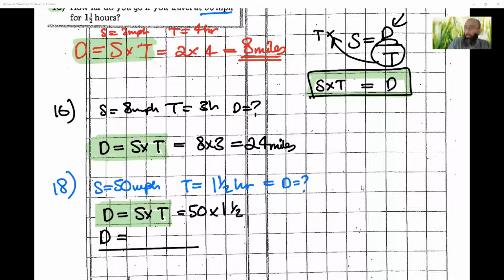Back to you, Aisha, 50 times 1.5 is? 50 times 1 is 50, and 50 times 1/2 is 25. So don't get worried about the fractions. You know how to deal with fractions. 50 times 1 and then 50 times 1/2 and add them together.